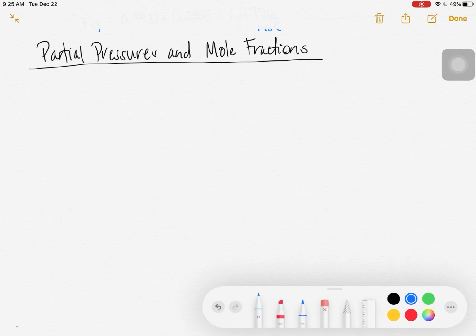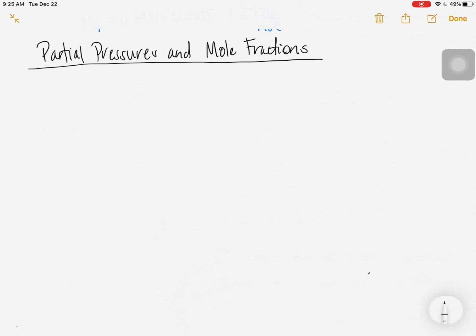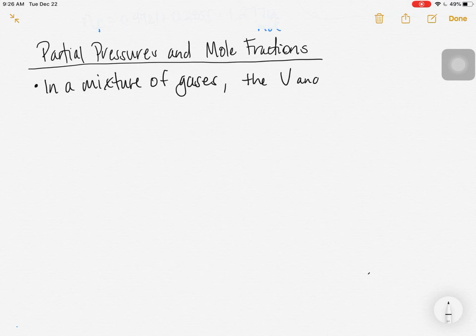So this is a little bit interesting. I'll show you a derivation real fast, but it's basically just another formula. So in a container, if we have a mixture of gases in the same container, the volume and temperature remain constant in that container.